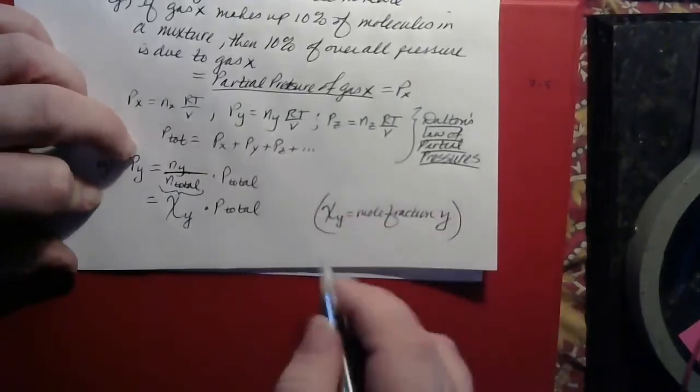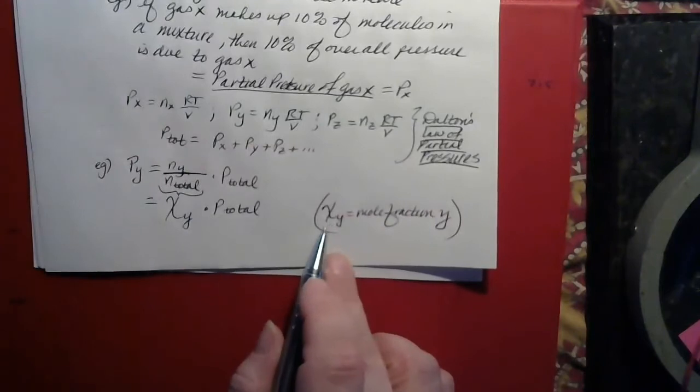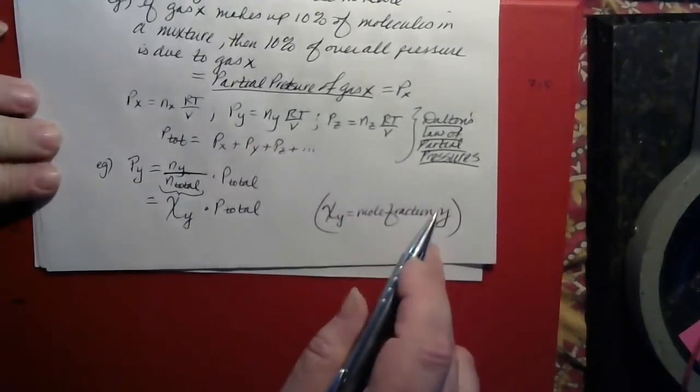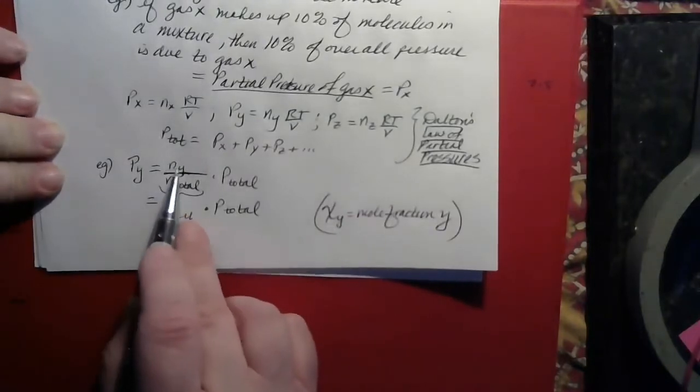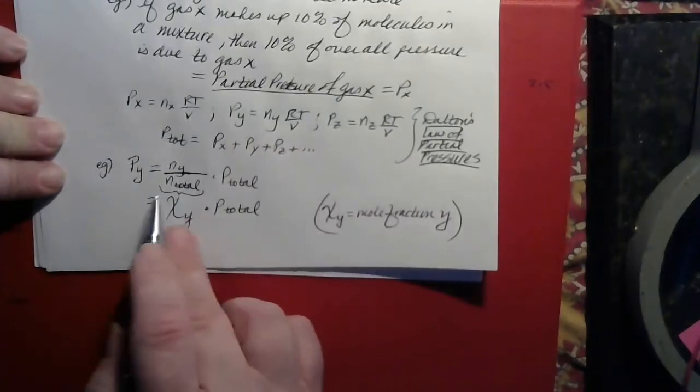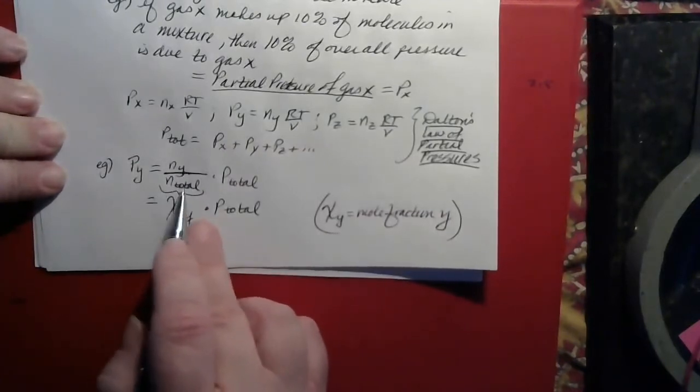And chi, which looks kind of like a fancy X, is just the symbol for what's known as mole fraction. Mole fraction would just be the number of moles of the gas you're interested in at the moment divided by the total number of moles of gas.